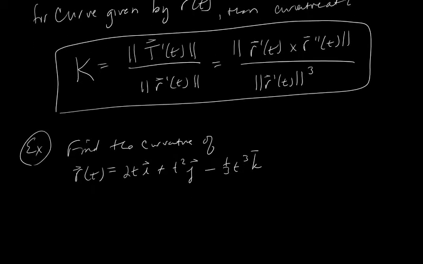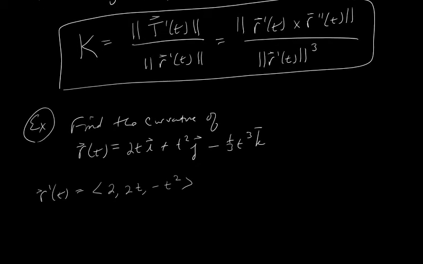Okay, so to do this, we are going to need r prime of t and r double prime of t. So r prime of t, I'm just going to do this in component notation here, is equal to 2t and negative t squared. r double prime of t is 0, 2, negative 2t.